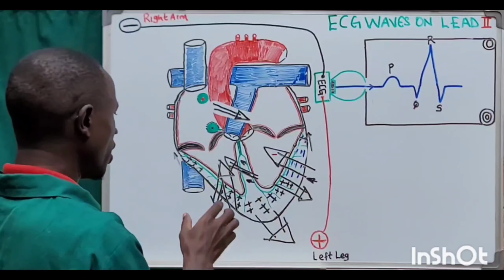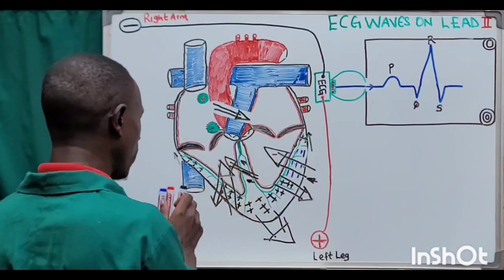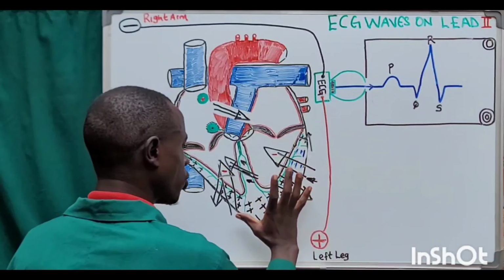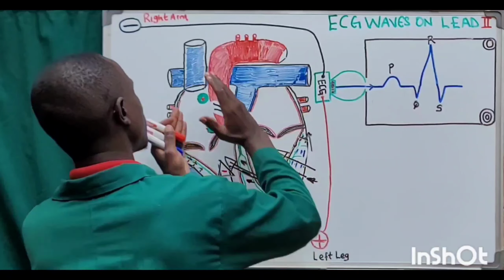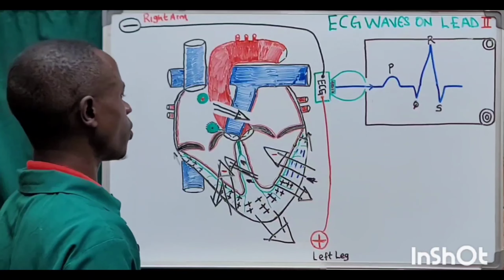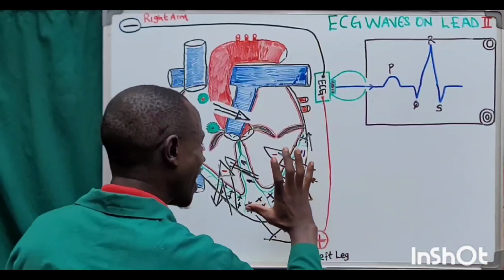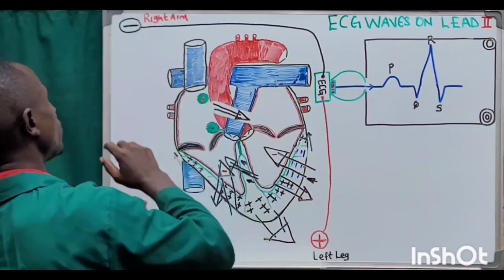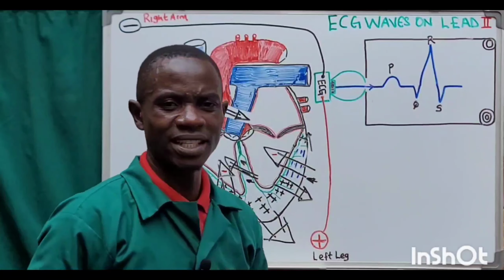Now, this direction of repolarization is moving from the outer areas of the ventricular myocardium and is facing towards a negative electrode, meaning that the negative ions are moving from a positive electrode and facing towards a negative electrode.